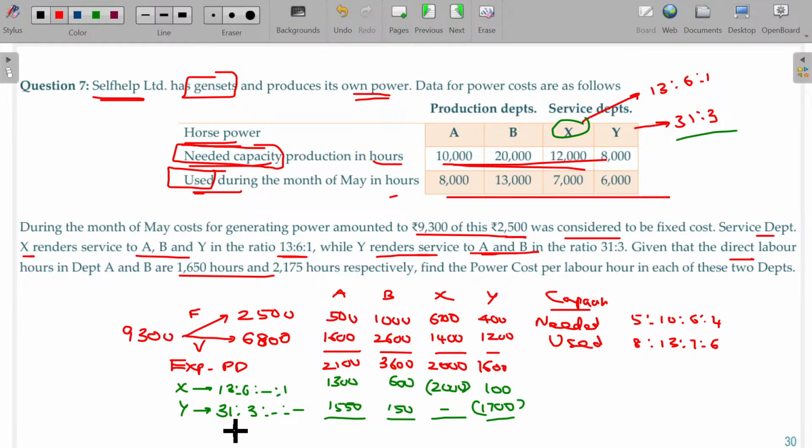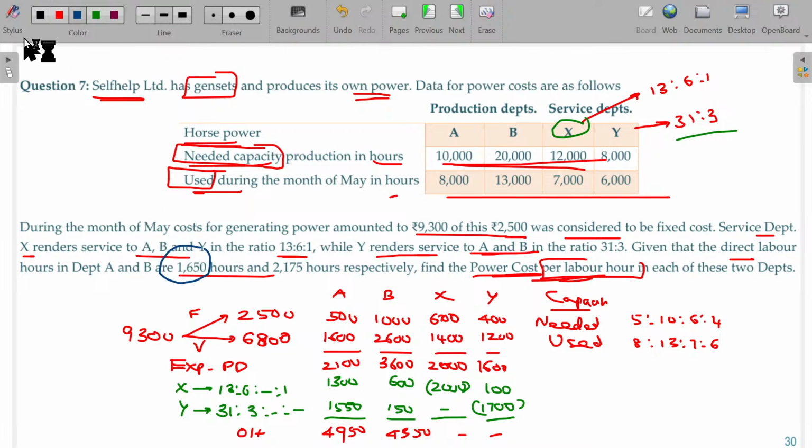Now the total overhead after the primary and secondary distribution being 4,650 and 4,350. So find the power cost per labor. 4,950. Okay, 950 and 350. Apart from that, you have to calculate what? Cost per laborer. What is the cost per laborer?